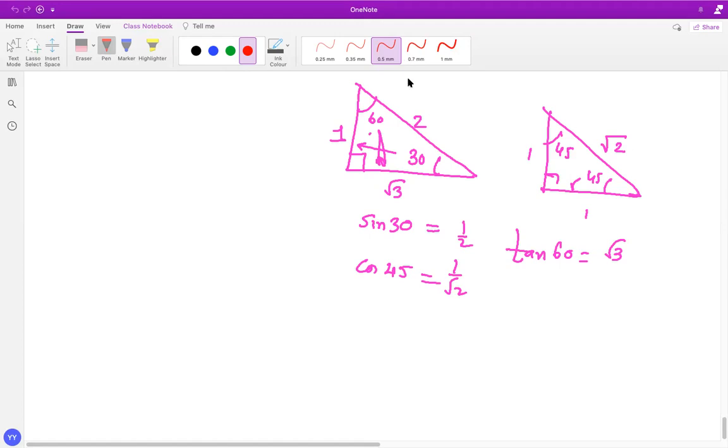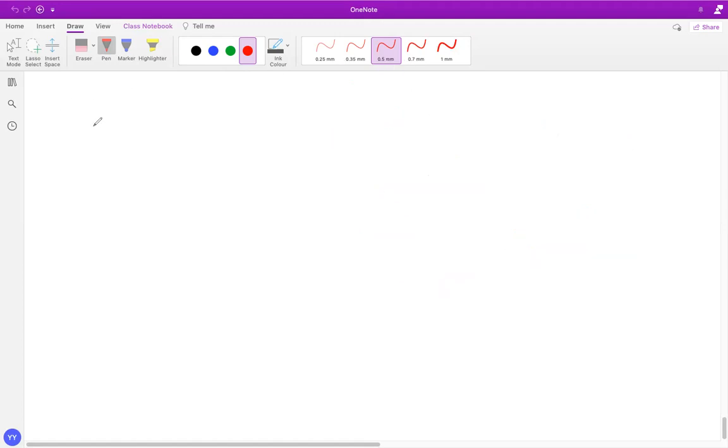Now coming back to the unit circle. Let us say this is a unit circle drawn with the principal x-axis, which is the positive direction of the x-axis, and there is a point here.